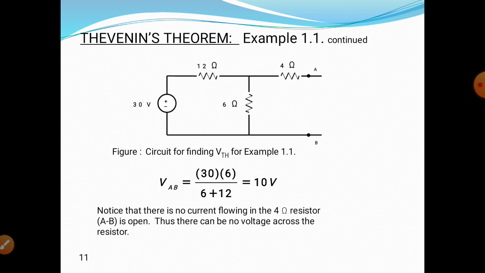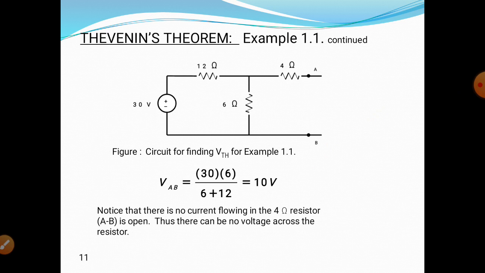We can redraw this circuit, and next we find the value of Thevenin's voltage across the terminals A and B. VAB: in the circuit, consider the 30 volt voltage source. The voltage across the 6 ohm resistance is found by VAB equal to 30 into 6 divided by the resistance.